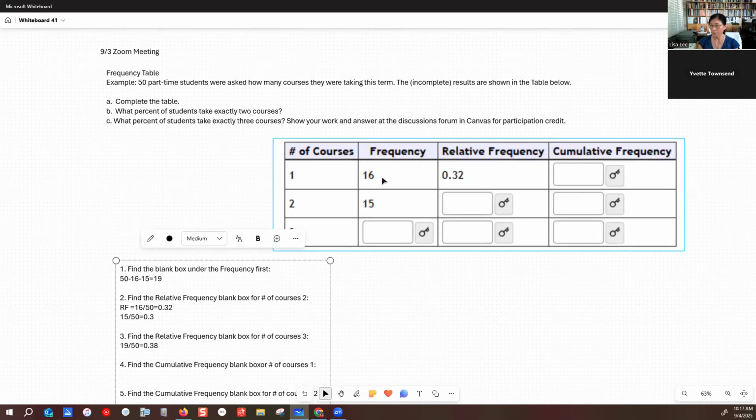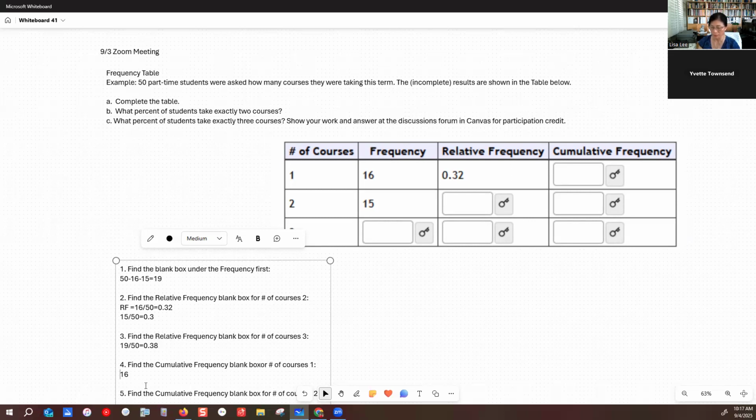So the first class starting with the 16, then you just grab the 16 and put it here, right? That will be the cumulative frequency. So 16 is the answer already, okay? So for this first one, you just put the number 16.